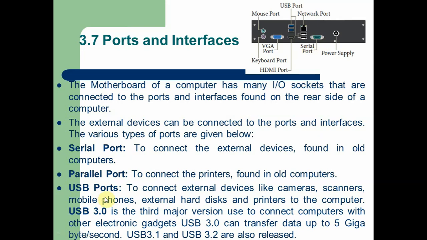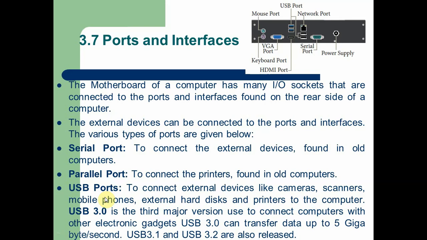The first one is the serial port. These serial ports are found in old computers and used to connect external devices. The parallel port is used to connect printers, also found in old computers. Now we are using USB ports for connecting our external devices as well as printers. Different devices can be connected to USB ports, like cameras, scanners, mobile phones, external hard disks, and printers.